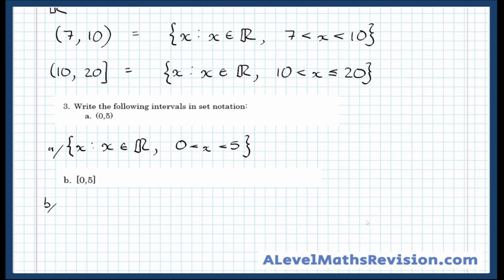So my answer for B is the set of all x values such that x is real. Again, always the case for intervals. x lies again between 0 and 5, except with the square brackets this time, so we're going to use non-strict or equal to, as they're sometimes known, inequalities.